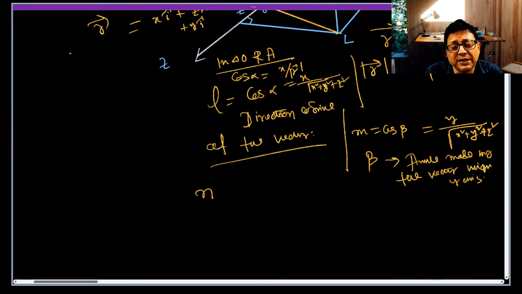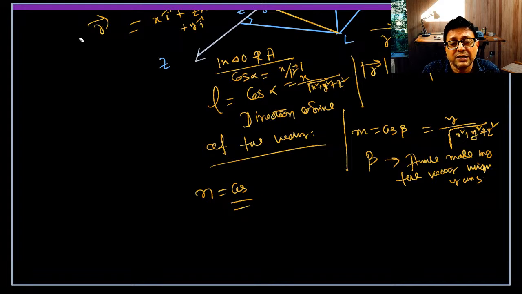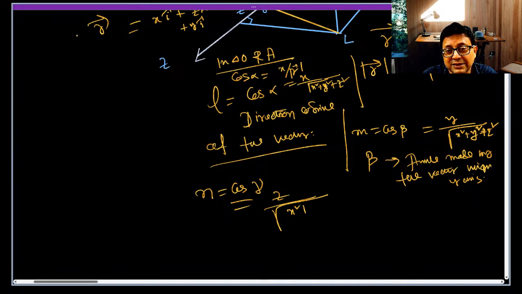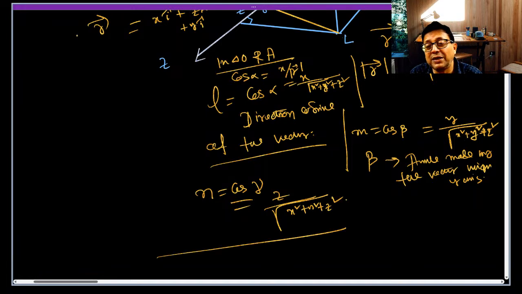Similarly, we can define n equal to cos gamma, another direction cosine. It's not new. It is given by z by root of x square, y square, z square.